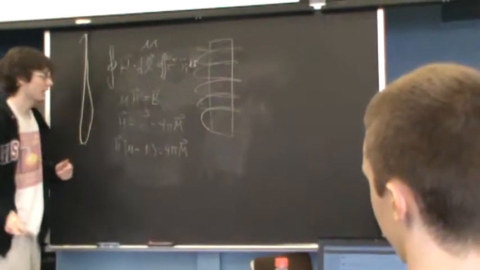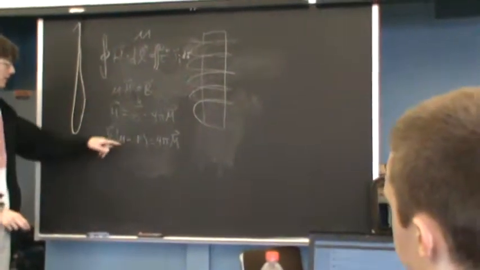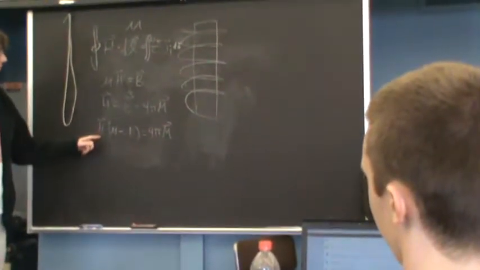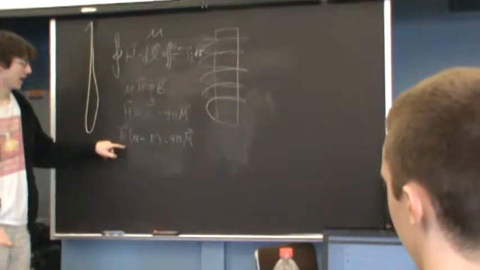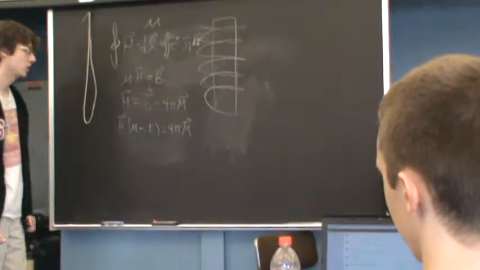So you have H from here, and that gives you the magnetization through that.